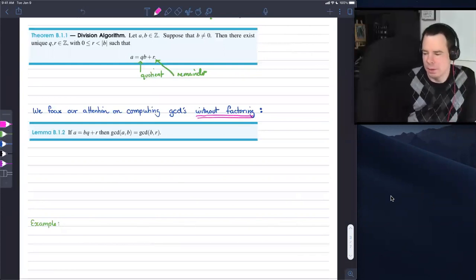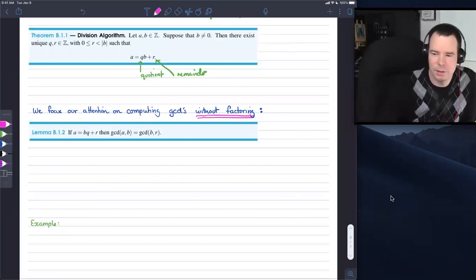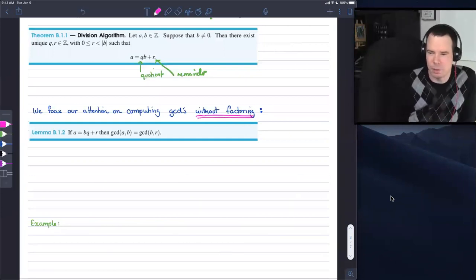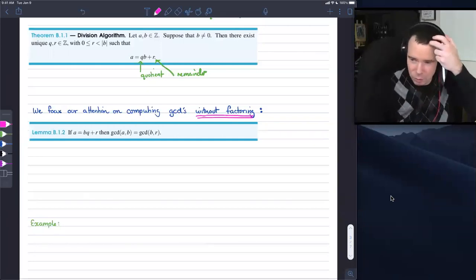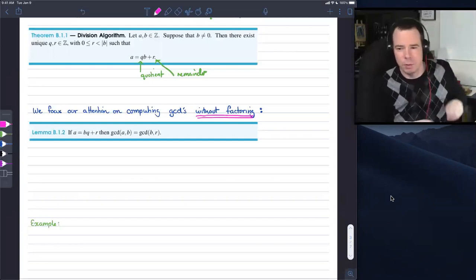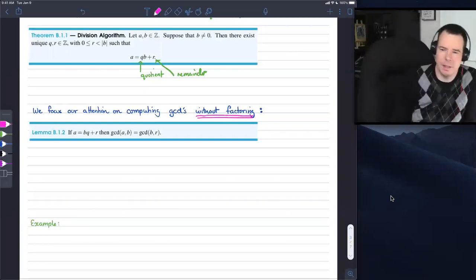We don't want to have to factor a number into its prime factorization and do that for a second number, and then try to figure out what the GCD is by looking at all the common prime factors and the highest powers to which they appear in both decompositions of the numbers. It turns out that that's too computationally intensive, and in fact, factoring is a very difficult problem in general for integers, especially large integers. So if we can do GCDs without factoring, then that would be absolutely wonderful. And it turns out we can.